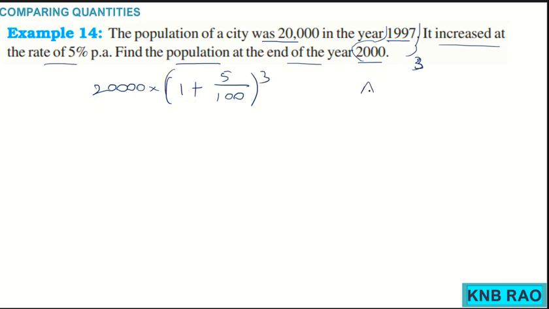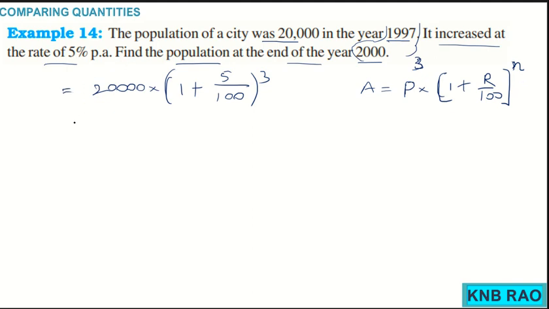That is, I am using the formula for finding the amount in compounded annually. That is, A equals P into (1 plus R upon 100) raised to the power n, where R tells about the rate of interest for the conversion period, and n tells about the number of conversion periods in the time period.